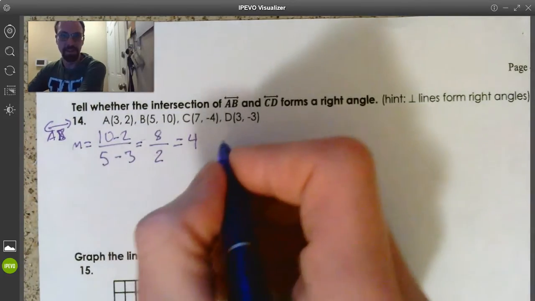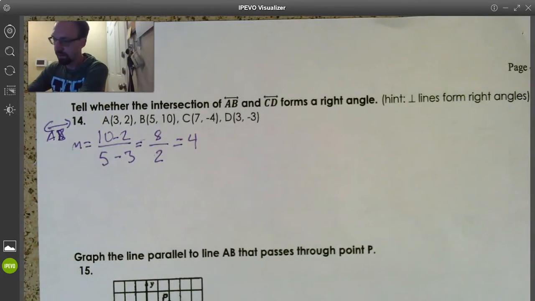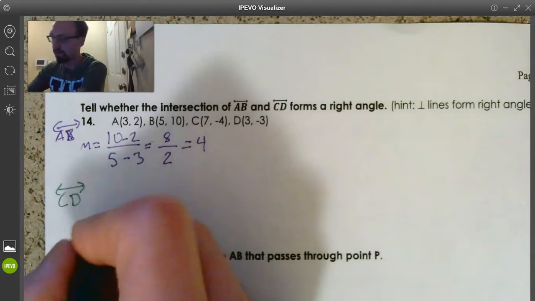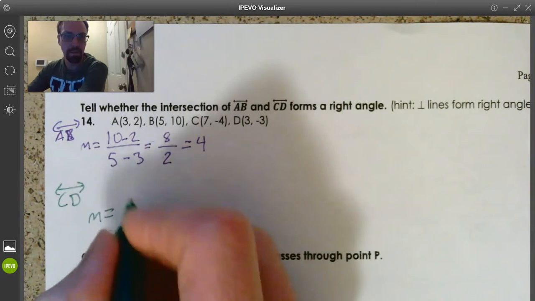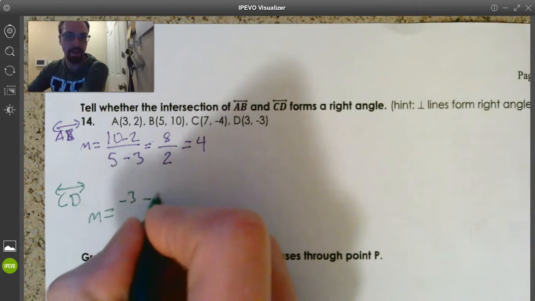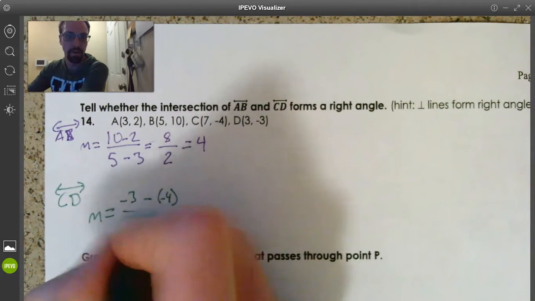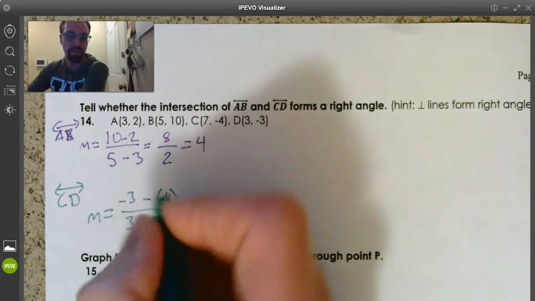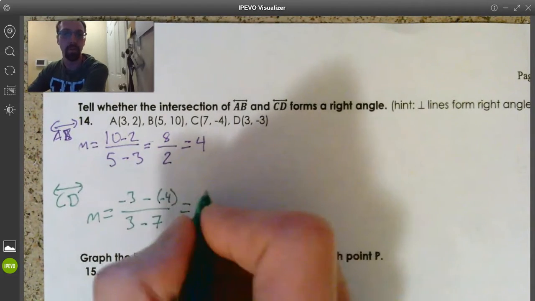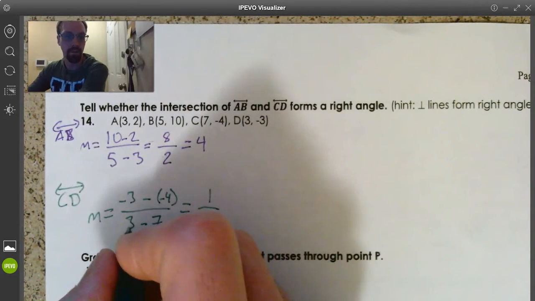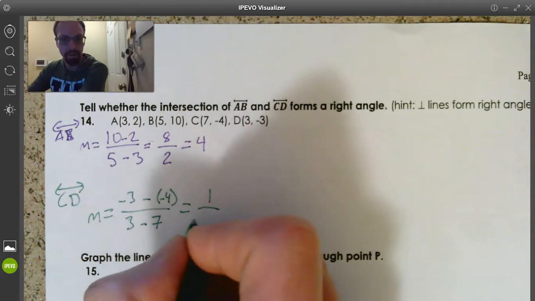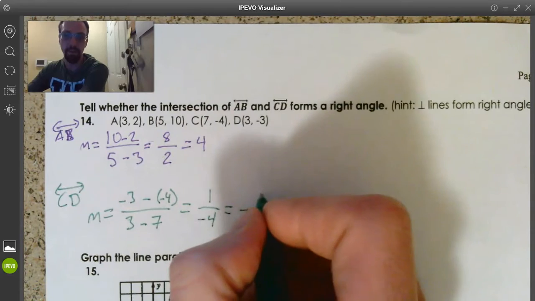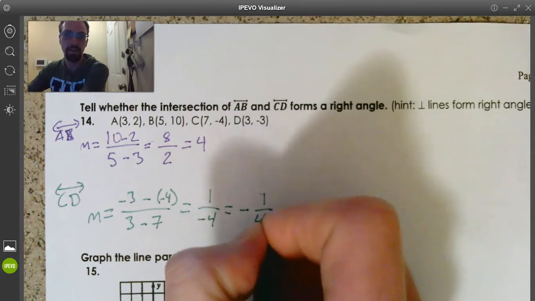And then the slope of line CD, that's going to be -3 minus -4 over 3 minus 7. -3 minus -4, -3 plus 4, that's going to be 1, over 3 minus 7 is -4. Remember, whenever we have a negative, we put it in front of the fraction bar, like so.